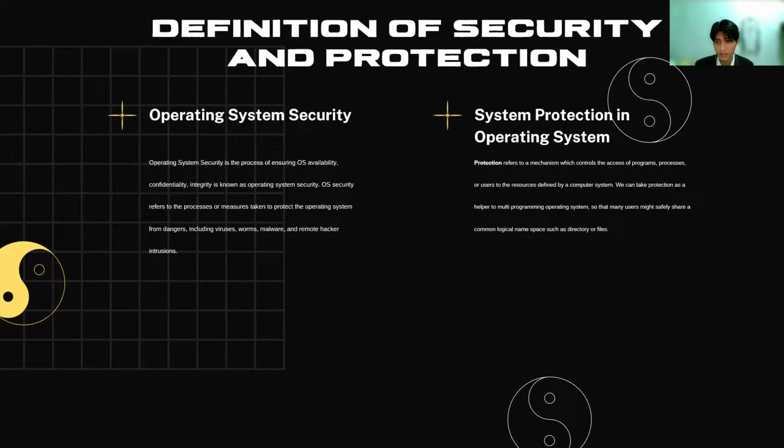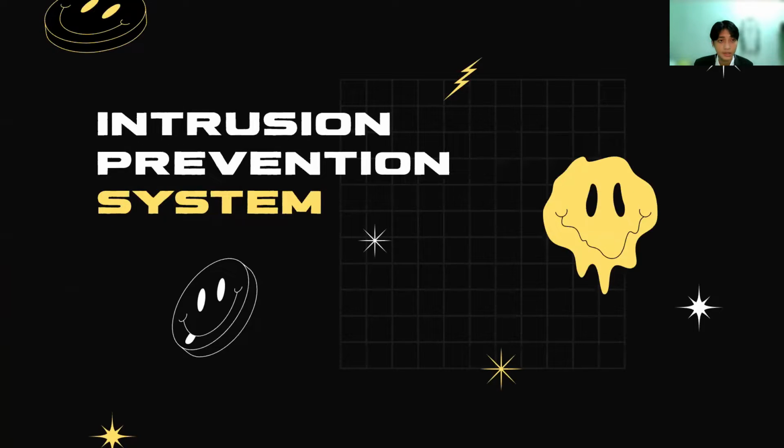System protection in an operating system refers to a mechanism which controls the access of programs, processes, or users to the resources defined by a computer system. We can take protection as a helper to a multi-programming operating system so that many users might safely share a common logical namespace such as directories or files.